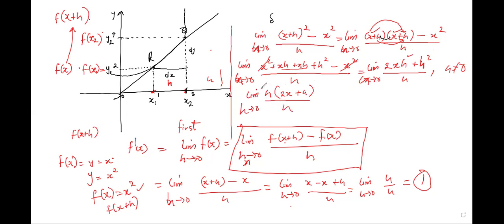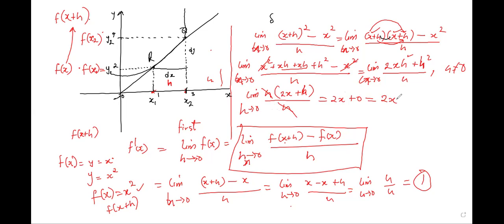You can see this h can cancel this h. So I'm left with 2x plus h. And if I pass the limit now, instead of h, I pass the limit 0. So our solution here is 2x. Do you see it?